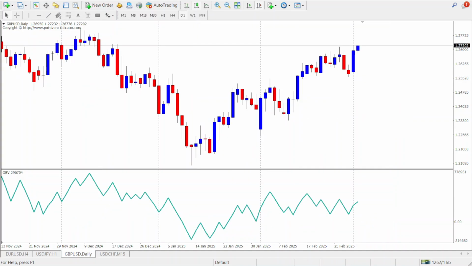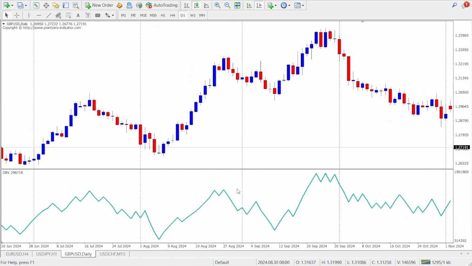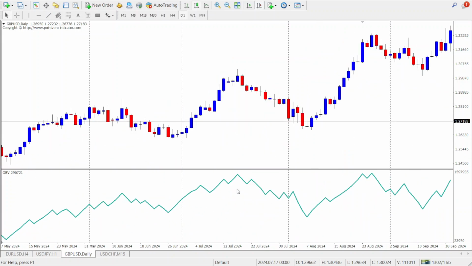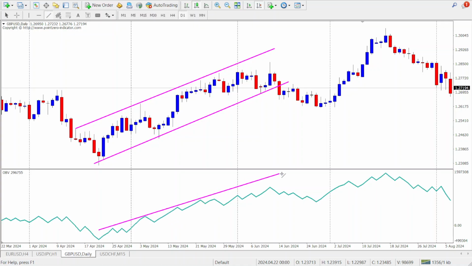If price is making higher highs and the OBV is also making higher highs, it confirms the trend is backed by volume. For example, we can see what we had happening around here, that price was making higher highs and higher lows, and you can see that the OBV was also making higher highs, right?